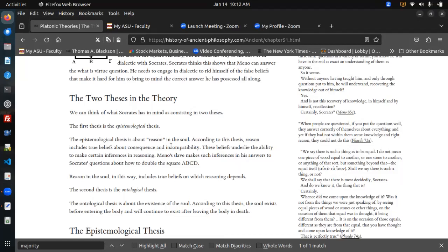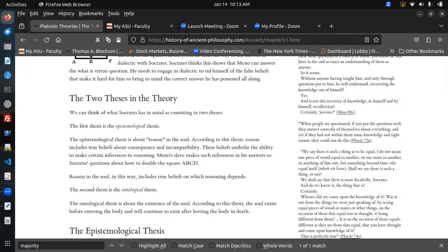And according to this thesis, reason includes more than just the ability to make inferences and thus to engage in reasoning. It includes concepts we use when we make inferences. And these concepts are what Socrates is asking about when in the Meno, for example, he asks Meno to tell him what virtue is.